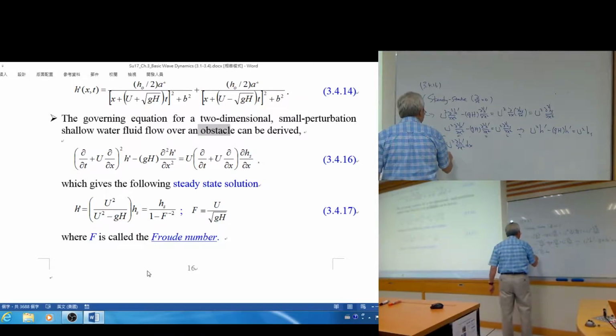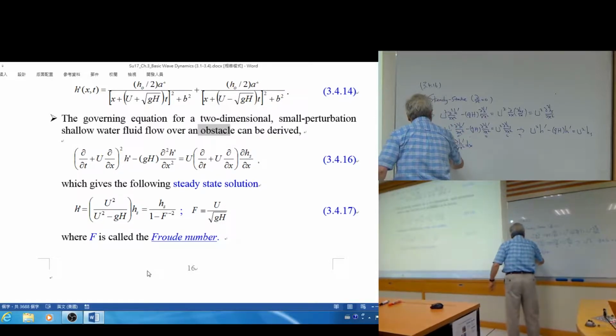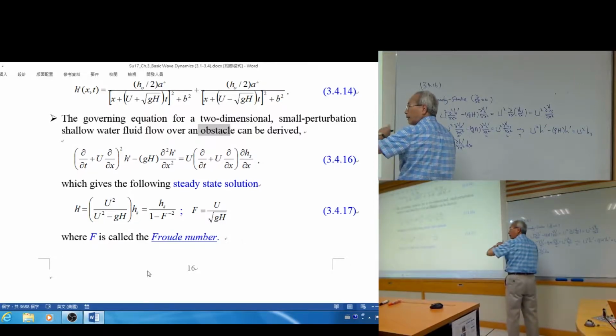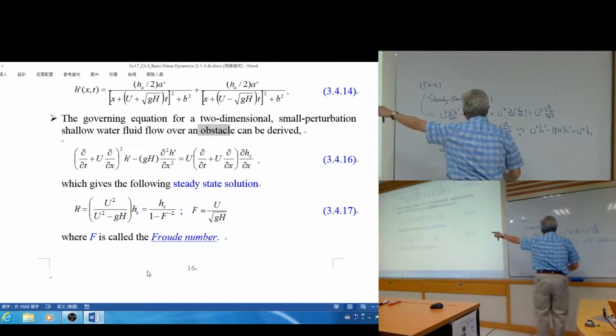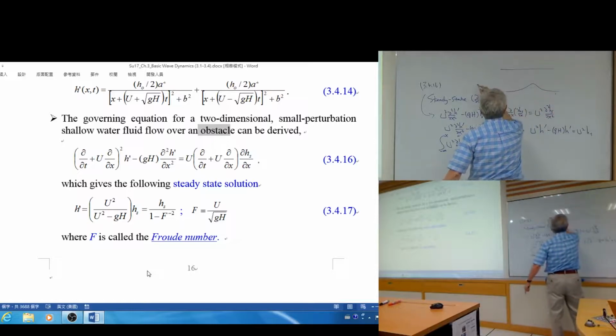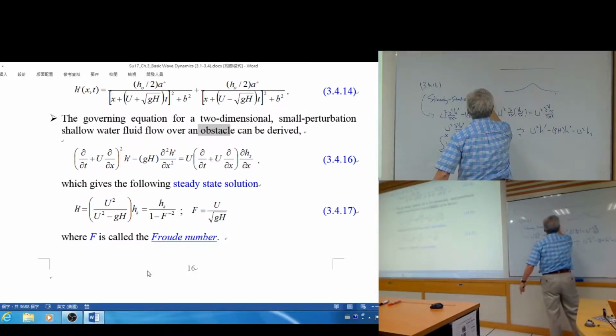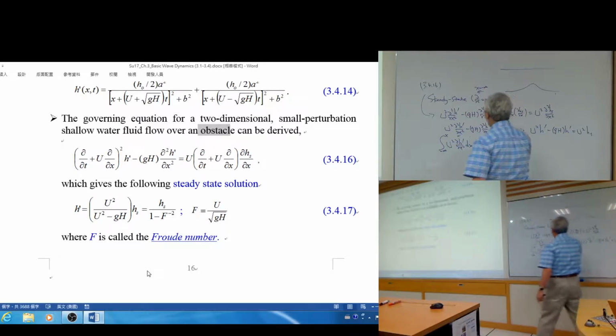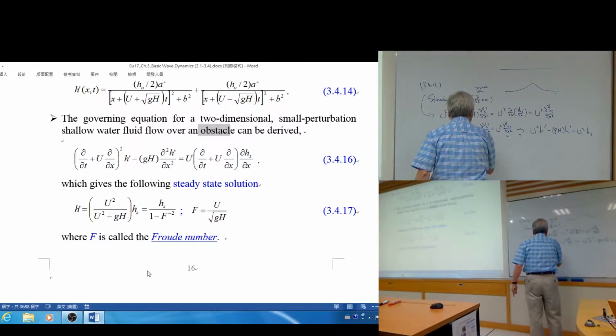Assume far away at negative infinity. This is the mountain, and this is the basic flow. Far away here is x equals negative infinity. Then you integrate from negative infinity to x.